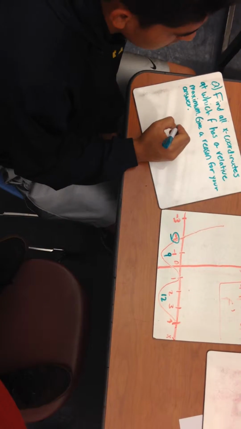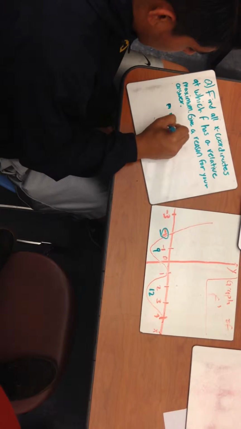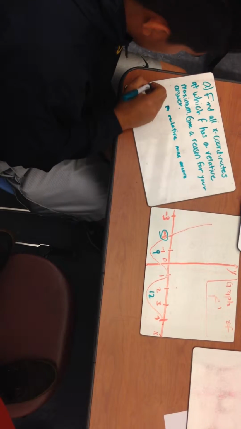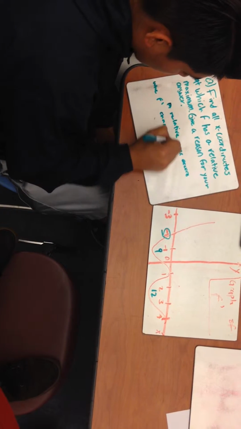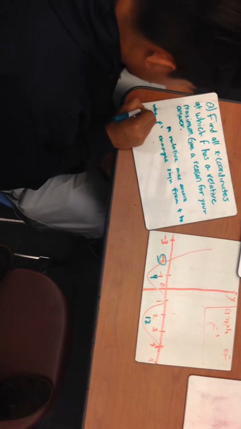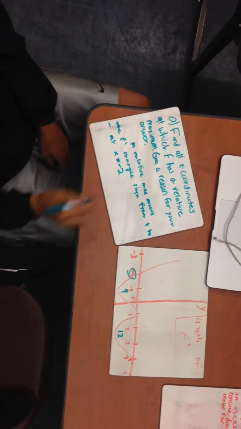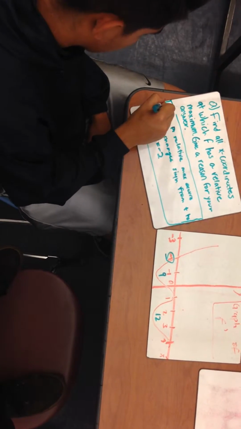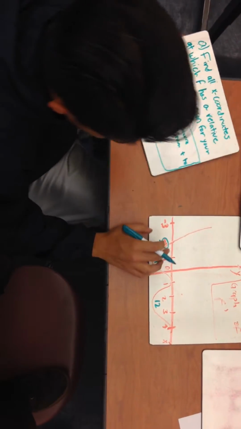So then we could write a relative max occurs when f prime changes sign from positive to negative at x equals -2. And that right there would be your answer for part A. It's really just looking at the graphs which helps you with these type of problems.